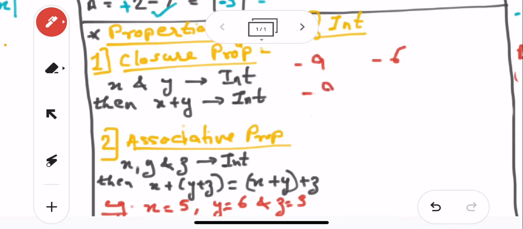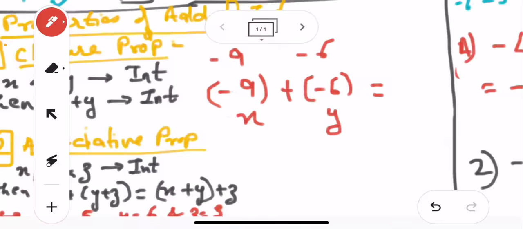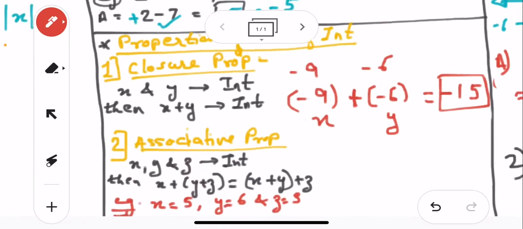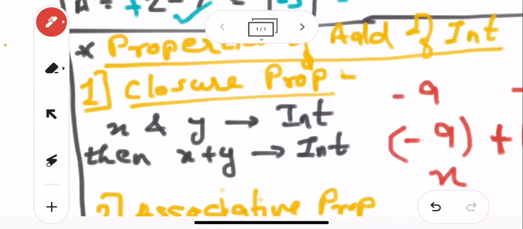So minus 9 plus this minus 6. This is my x and this is my y. So the answer I get is, now here it is addition, so I'll take 15 and the sign of the greater number. So this is also an integer. So these are the examples for closure property.